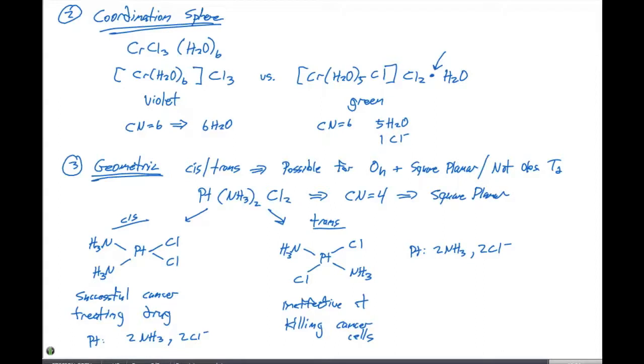This has to do with how the molecules are oriented in 3 dimensions. If we have a square planar molecule, there's a difference between how these NH3s are coordinated on adjacent vertices in the cis case and opposite vertices in the trans case.